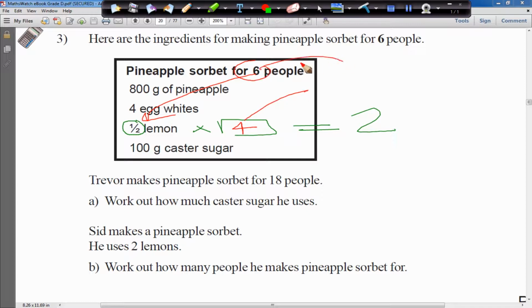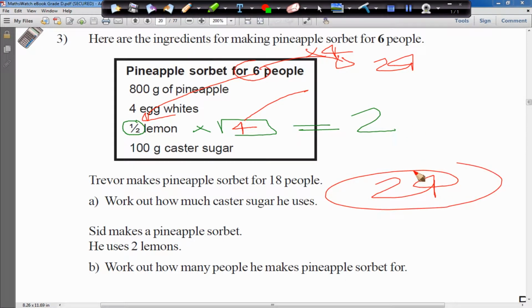So the question goes, how many people did he make it for? 24. Times it by 4. I'll give you 24 people. Done. So the answer for that one is 24. What I'd like you to do now is try the examination question, which is behind here. Try the examination question for me, please, folks.